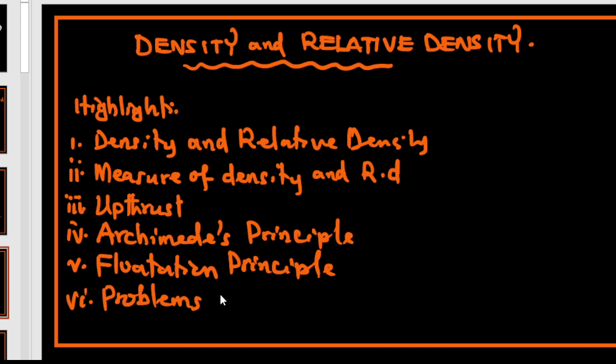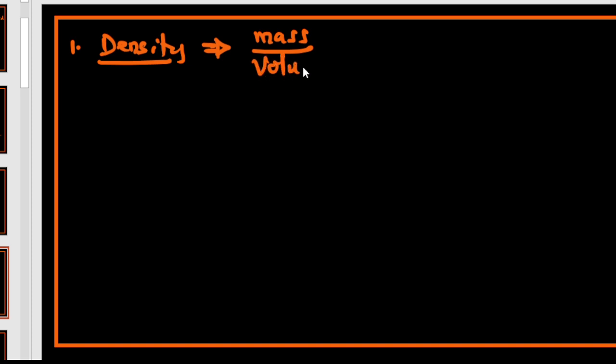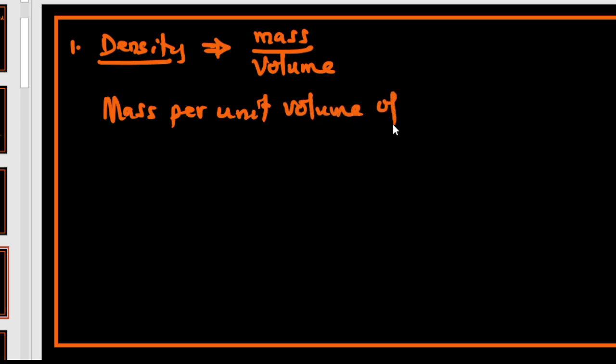Okay, so number one, we have density and relative density. And somebody just told me that density is equal to mass over volume, which is correct. So density is mass divided by volume. So you can say it is the mass per unit volume of a substance.